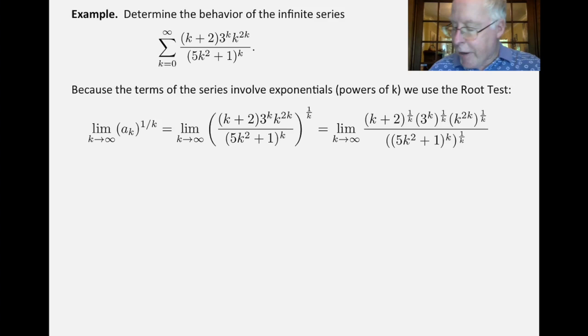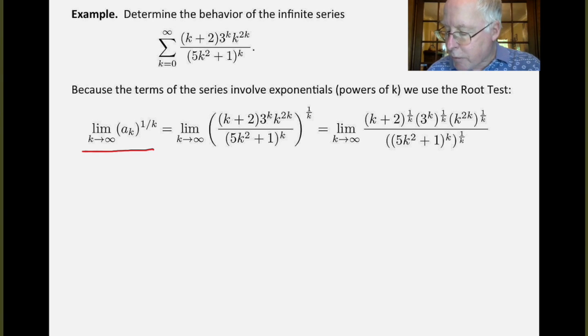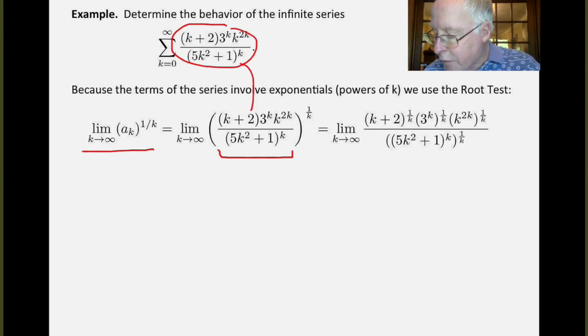So we're going to take a look at the limit as k goes to infinity of a sub k to the 1 over k. And to get a sub k, as in the ratio test, you can just go up to the series, erase the summation, and what's left is the a sub k term. And we're taking its kth root, or raising it to the 1 over kth power, so we get that here.